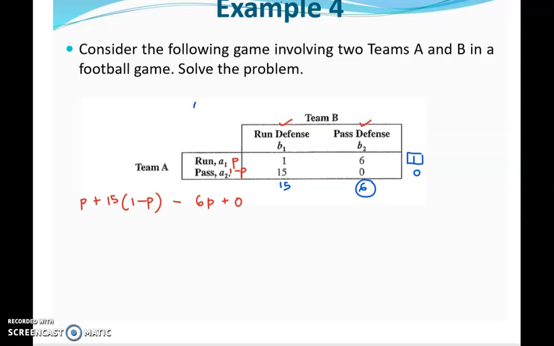Then we can equate the expected gain for these two strategies. They must be the same. Try to solve for P.